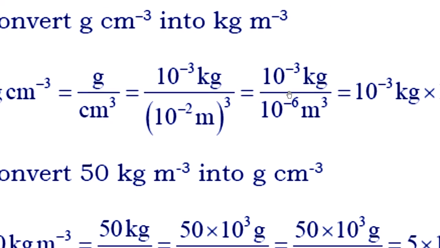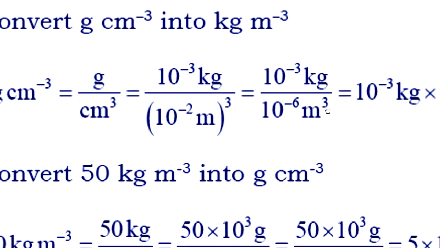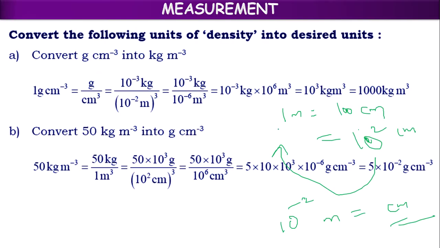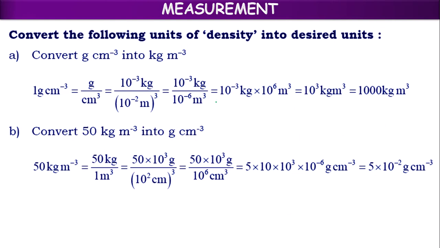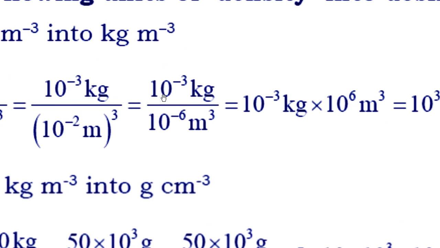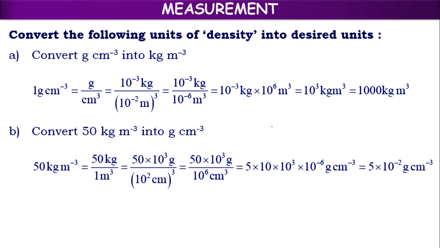So 10 power -3 by 10 power -2 whole cube, -2 into 3 is -6, meter cube. So whenever we have two powers for the same number, because in the numerator we have base 10, in denominator we have base 10, what we can do, we can write the base once instead of writing 2 times in numerator denominator, and we can subtract the powers. -3 minus of -6.